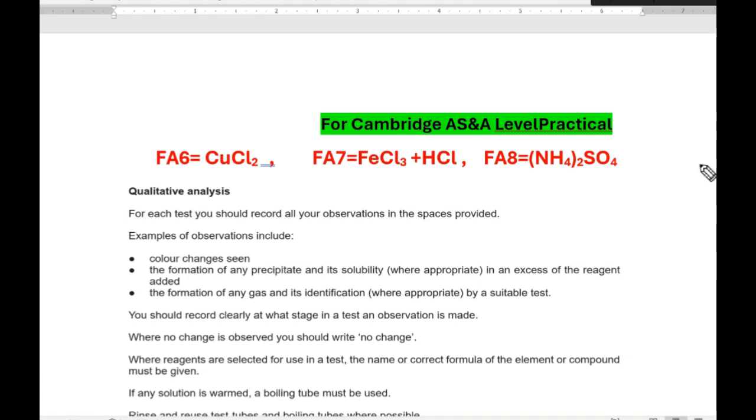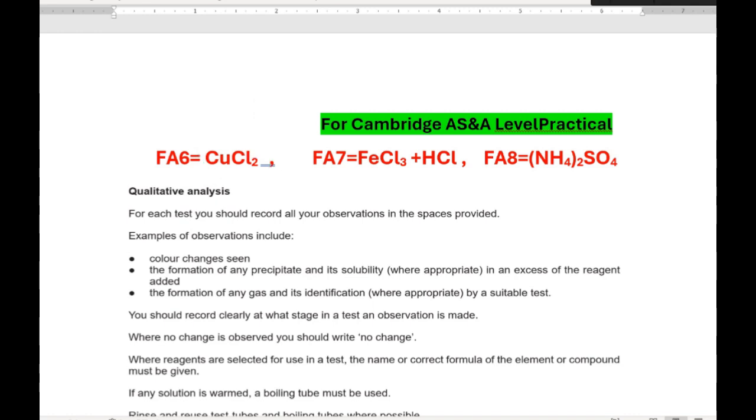By this you can determine the cation, means positive ion, and also you can determine the anion. By cation and anion you can detect which salt is present, which compound is present.